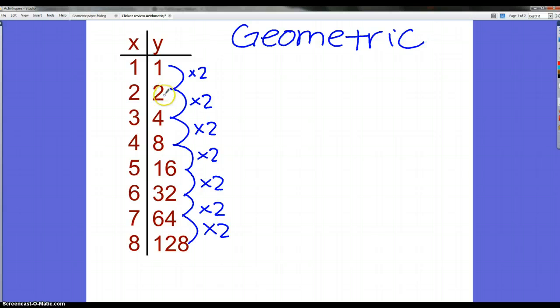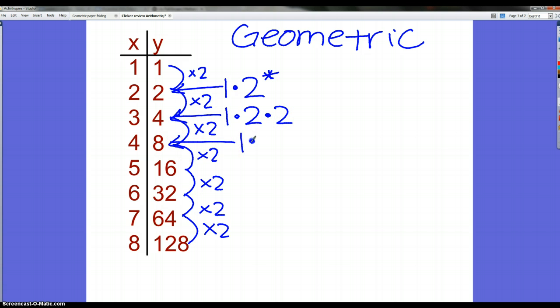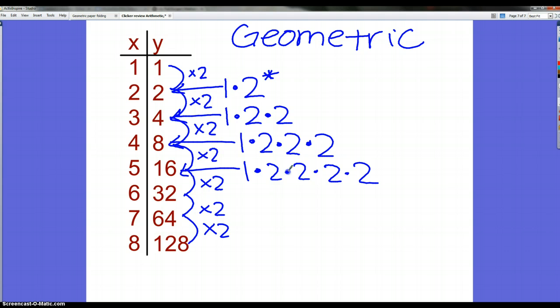So what you come up with here is 1 times 2 gives you the 2. Then you take the previous, and we're going to times by 2 more to get 4. And if we keep going, we're going to times by 2 more to get 8, and so on. So I'm just going to write it one more time. Timesing 1 more 2.